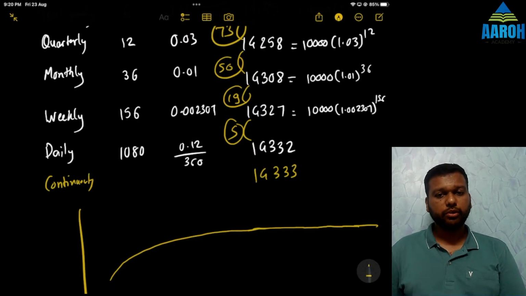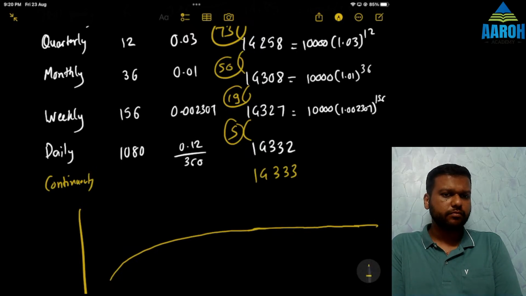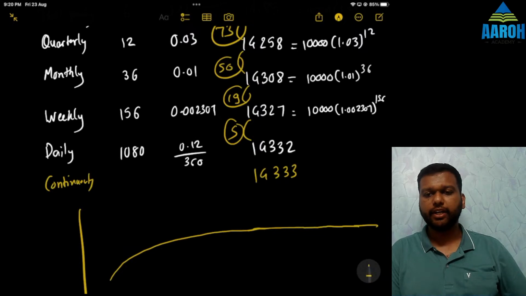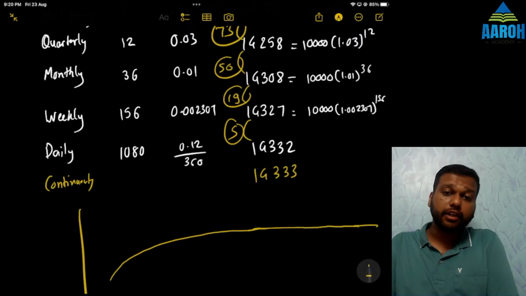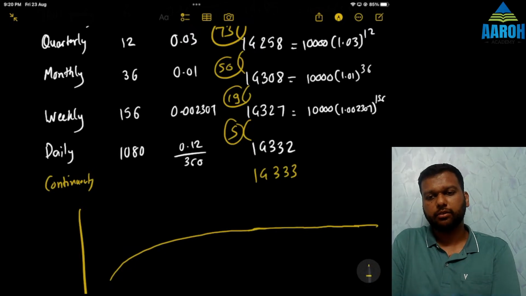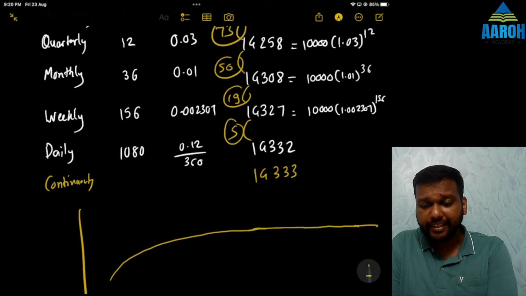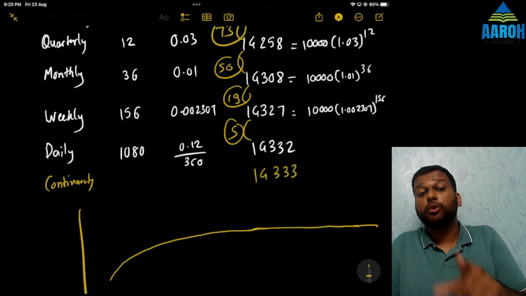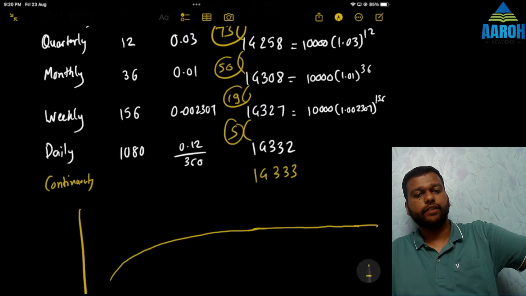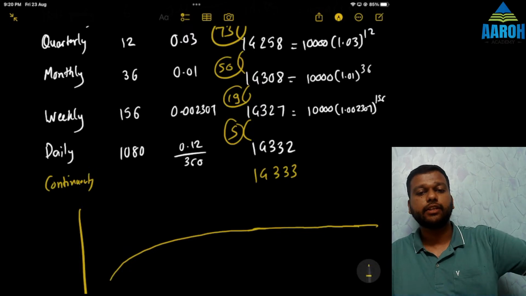It is not given in the module, but I feel it is part of compound interest and you should know it. ICAI is known for sometimes asking concepts which are not in the module at all. Rarely, but it happens. So 14,333 is the amount you get if you compound continuously. It cannot go beyond that.